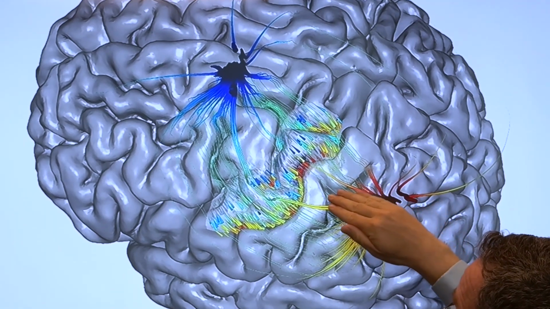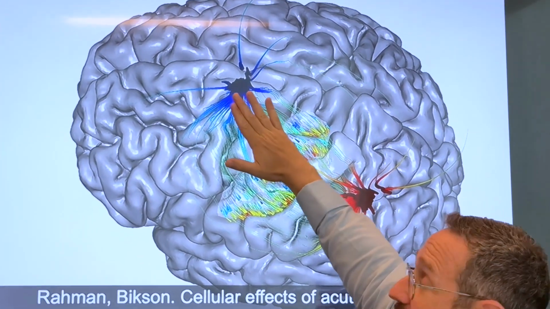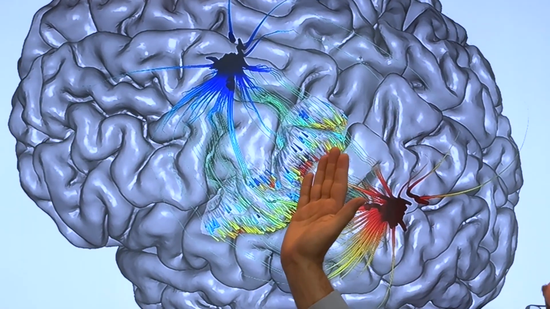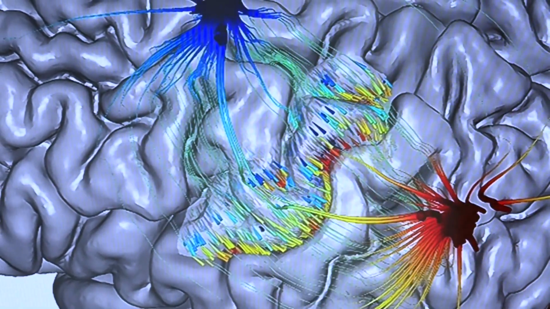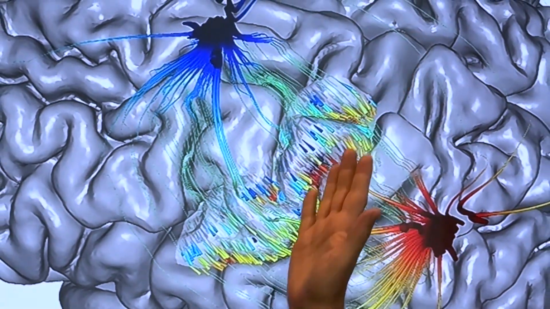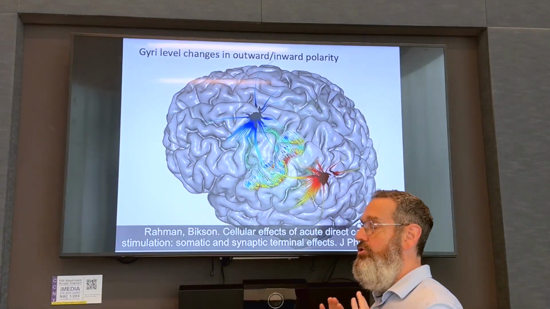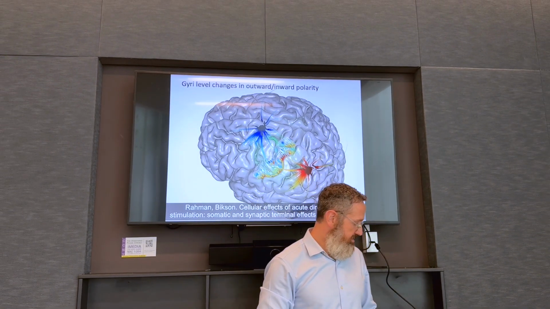It enters the brain, it hits the gyri one way, and then it exits the gyri the other way. What that means is that on this side of the gyri, by the way, this is between the electrodes, not near the anode, not near the cathode, it's in the middle. What does this gyri see? On one side of it, it sees radial inward. And on this side, it sees radial outward.